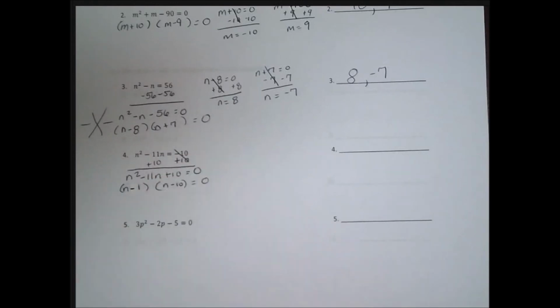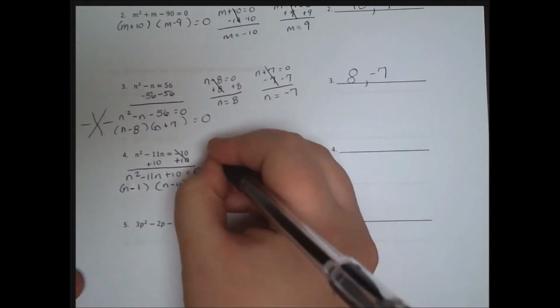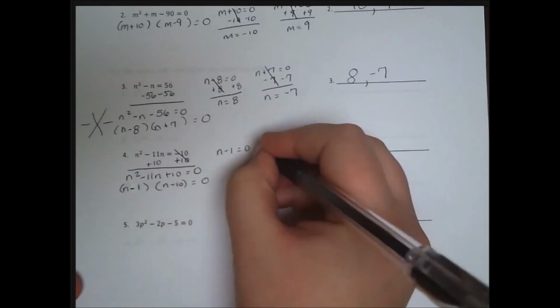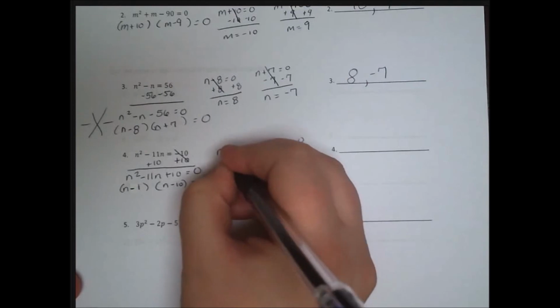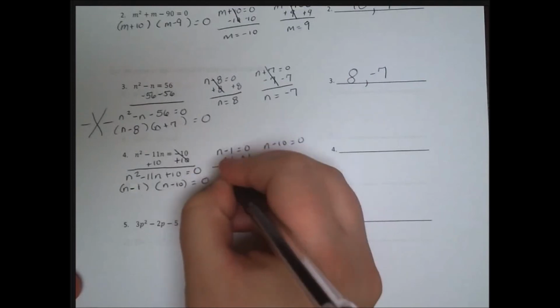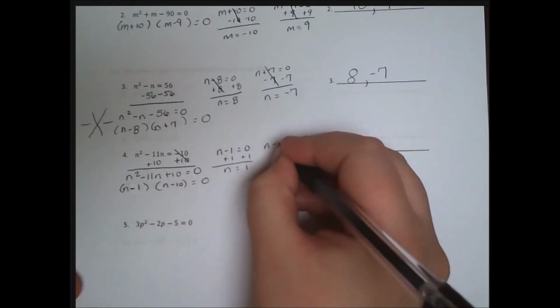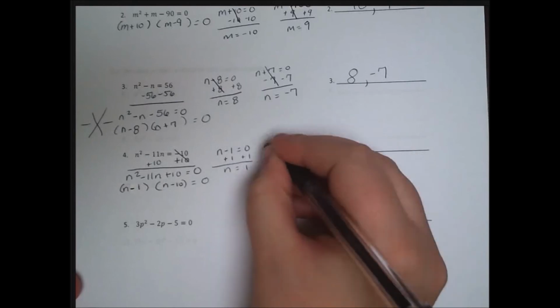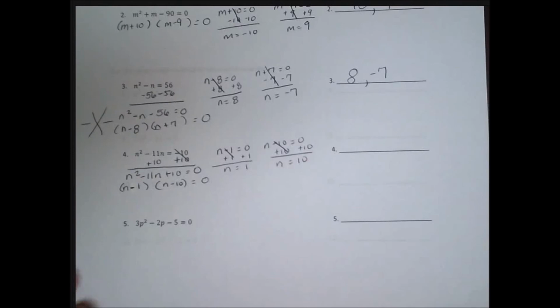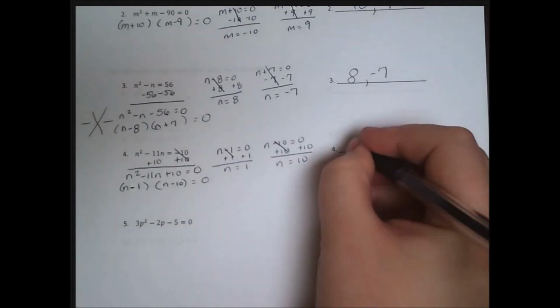So we set those both equal to 0. And then you solve, to get n equals 1 and n equals 10.